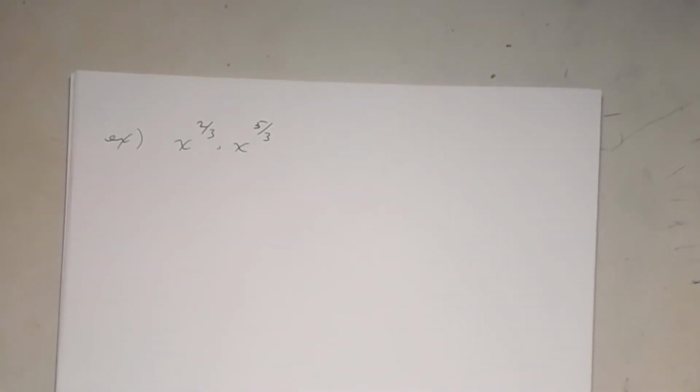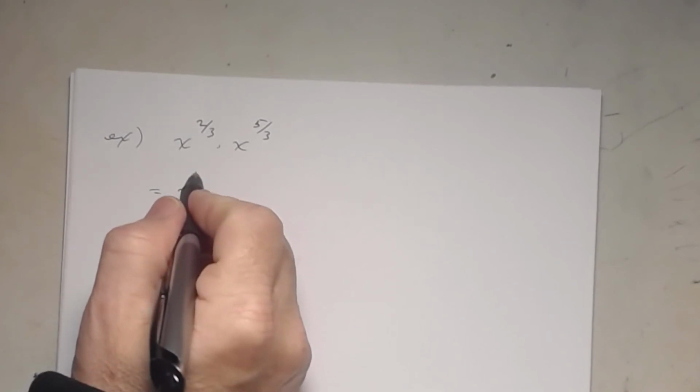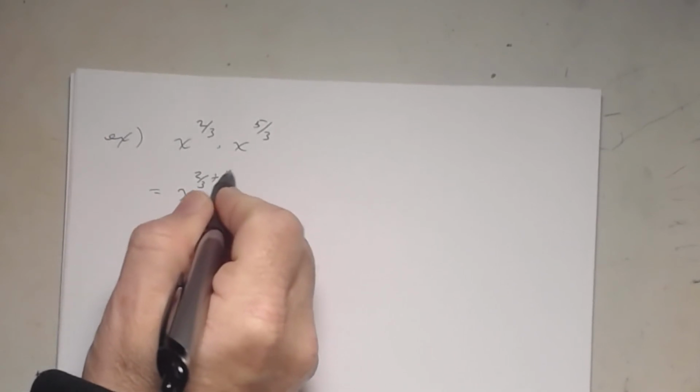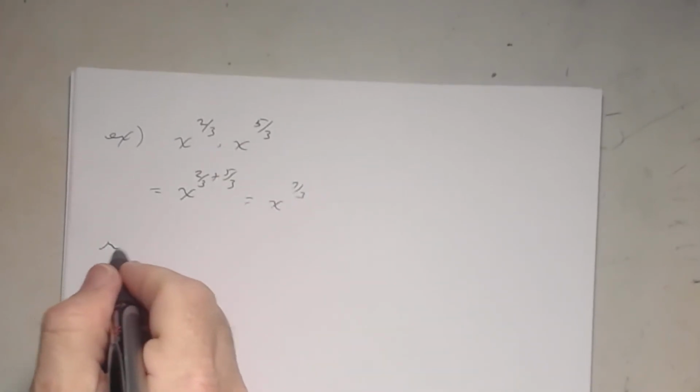That's x to the 7/3. So do y'all agree I'm using the product rule? I'm multiplying like bases. When you multiply like bases, you do what to those exponents? Add them. So it's a base raised to the sum of the exponents. And so that's just 7/3.